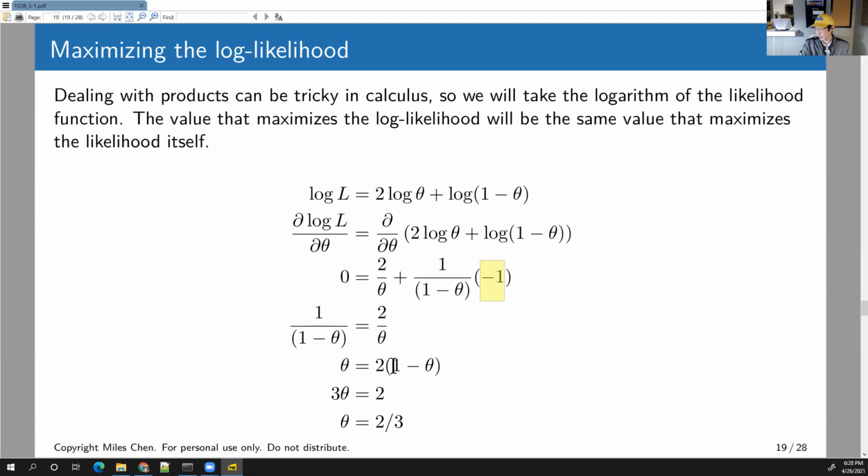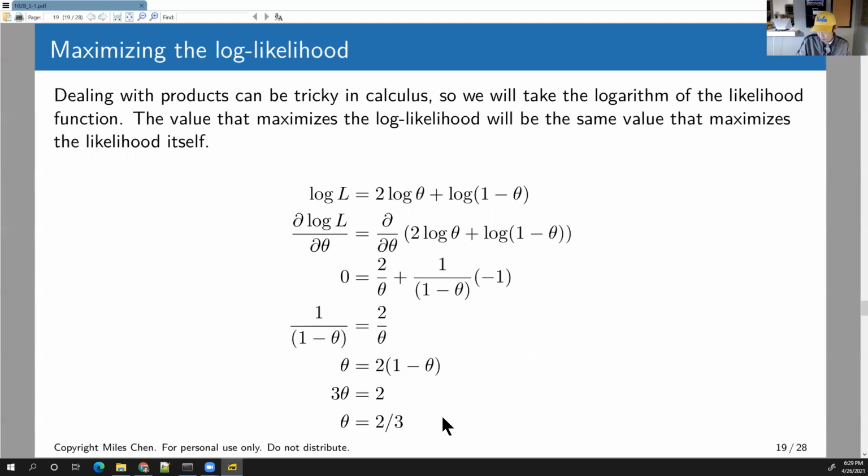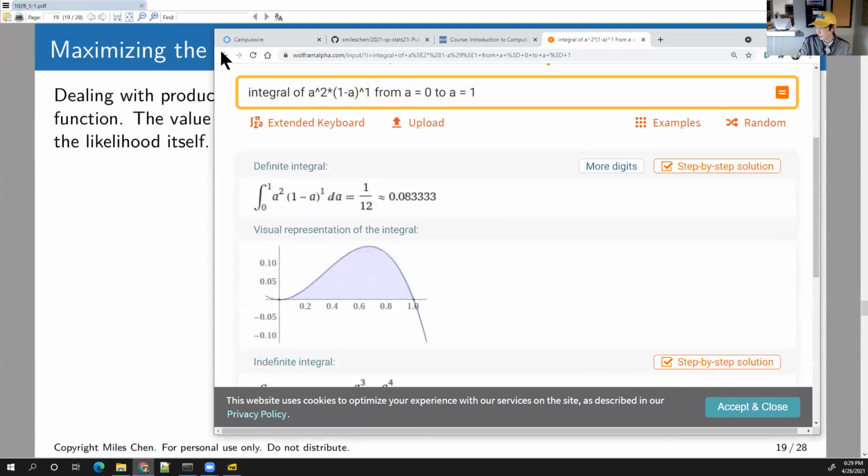So I get theta times 2 times 1 minus theta. You get 3 theta is equal to 2, and therefore the theta that maximizes the log likelihood is going to be 2/3. Right? So this is all okay, right? So we want to find the value that does that. Okay. So anyway, that's basically the value that maximizes this, and that coordinates exactly with the argmax.